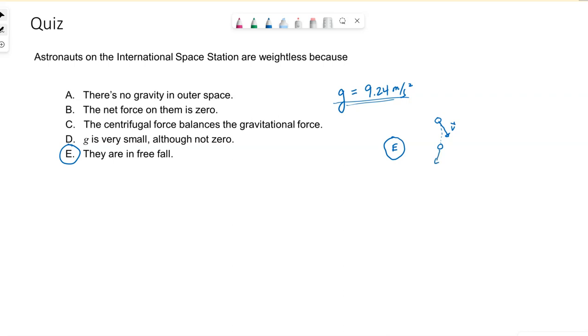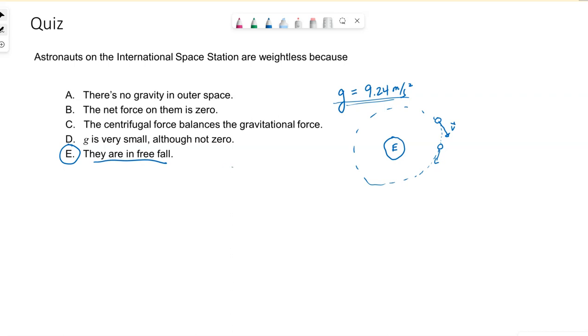As the space station continues, ultimately, we get this free fall. If you remember, again, the physics definition of free fall is moving under the influence of gravity. So both the space station and the astronauts are in free fall around the Earth.